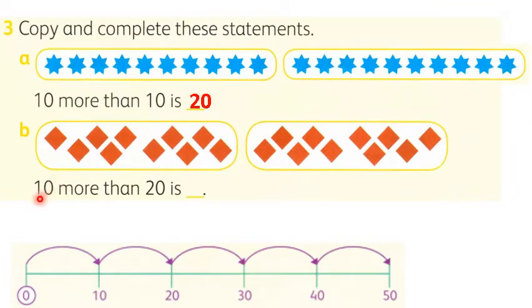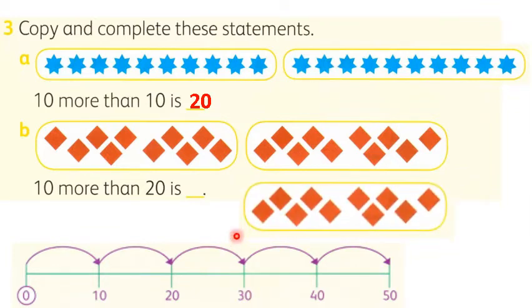B. 10 more than 20. So if I have 20 here and I go 10 more, I have 30. That's right. So 10 more, 10, 20, 10 more, 30.